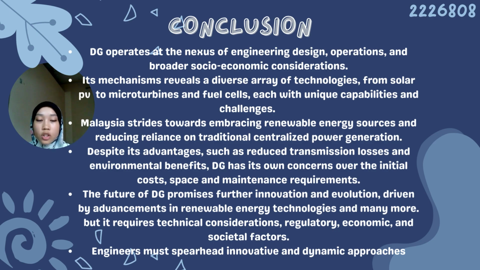Looking ahead, the future of DG promises further innovation and evolution, driven by advancements in renewable energy technologies and many more, but it requires technical, regulatory, economic, and societal considerations. Moving forward, engineers must spearhead innovative and dynamic approaches, leveraging their expertise to drive the adoption of DG towards a more sustainable and resilient energy future.